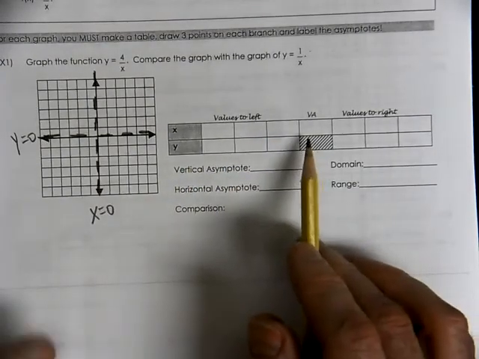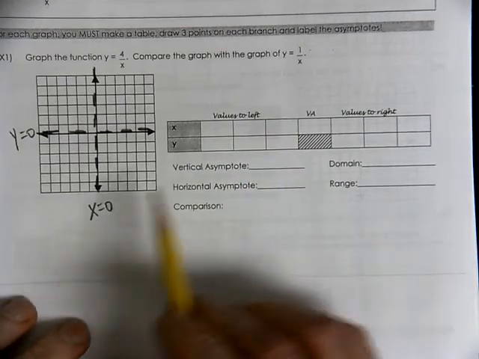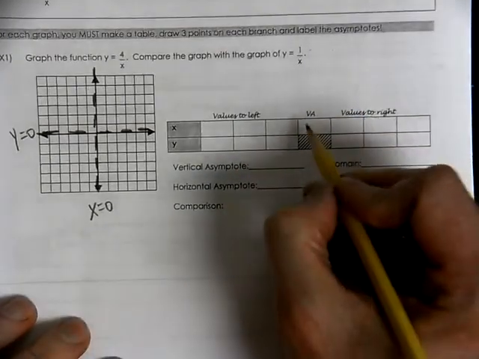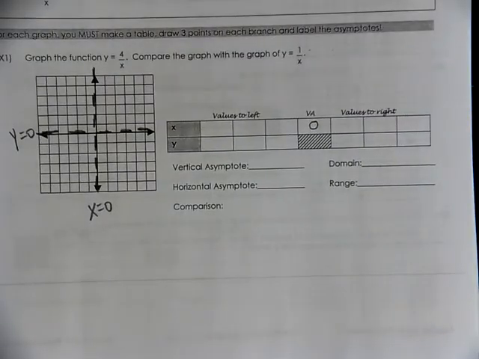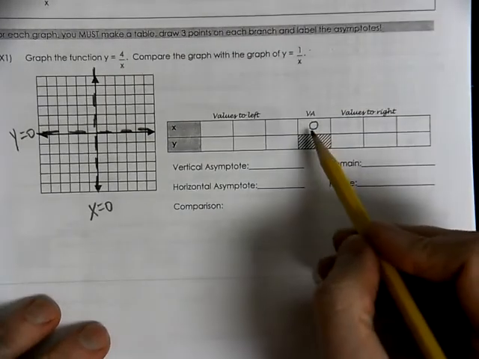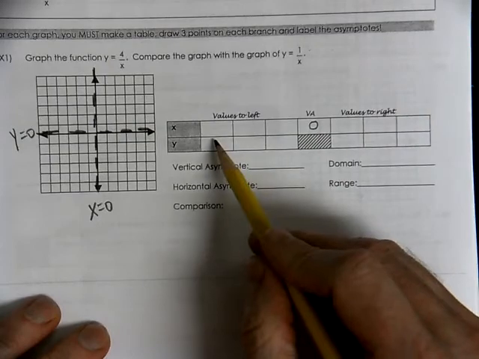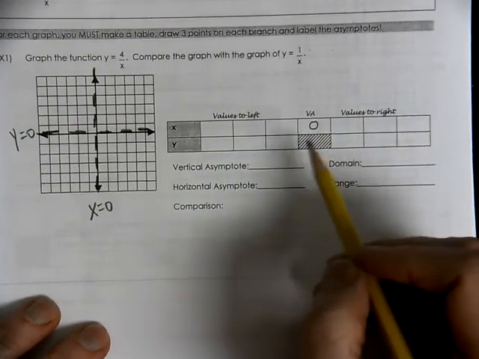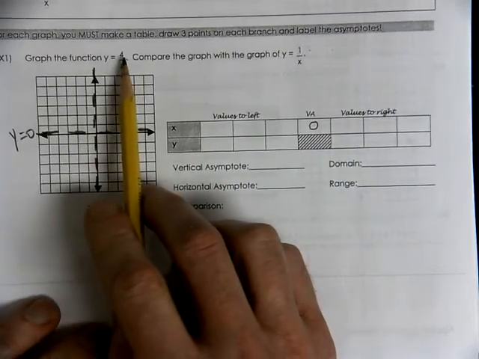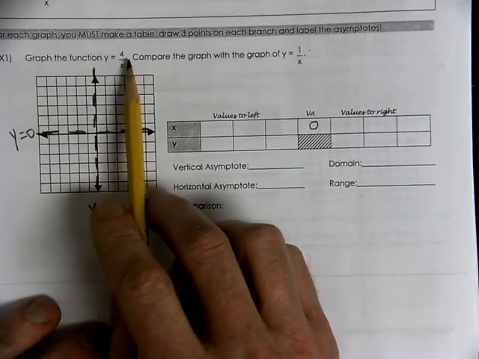So when we make a table, we're going to be looking at our vertical asymptote, which is 0. And you're going to pick values to the left of that, and you're going to pick values to the right of that. What's best to use are numbers that go into 4.